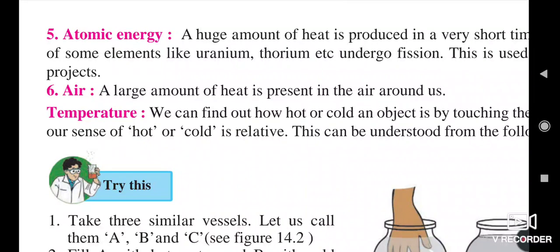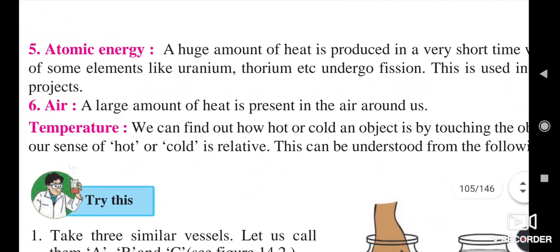So atomic energy is also a big source of energy, which today we use in a constructive way.